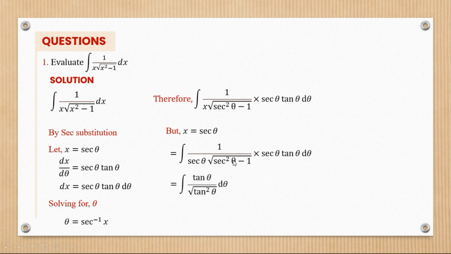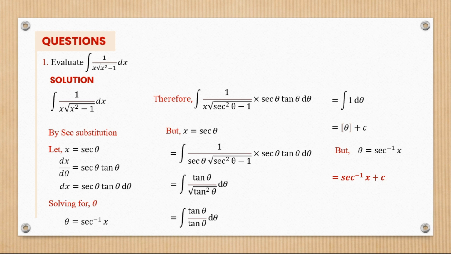But remember that sec squared theta minus 1 is tan squared theta, so the root of tan squared theta is tan theta. So I have the integral of tan theta over tan theta d theta, which is equal to 1. So I'm now finding the integral of 1 d theta, which gives theta plus c. But remember theta is sec inverse of x, so I'll have sec inverse of x plus c as our answer.